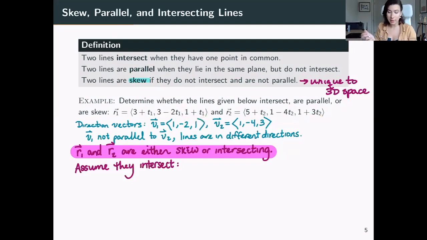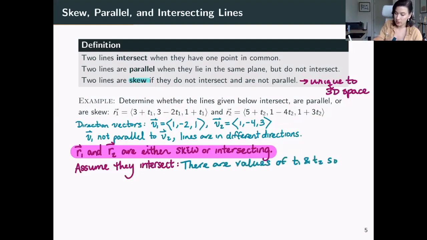So assume they intersect. That means that there are values of T1 and T2 so that the components of each are equal. So I would have that 3 plus T1 equals 5 plus T2.